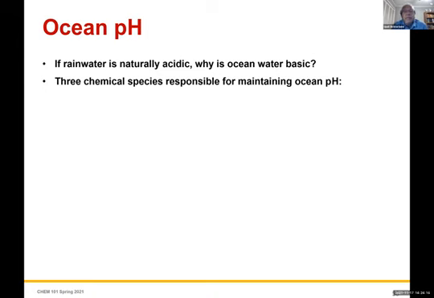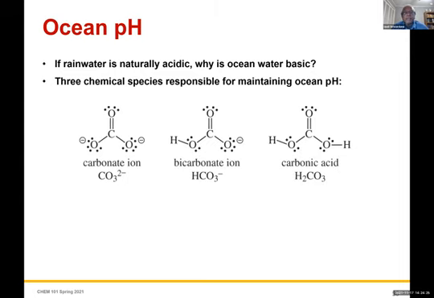There are 3 chemical reactions responsible for maintaining the pH of oceans. First one is carbon dioxide, carbonate ion. The other one is bicarbonate ion and carbonic acid. These 3 compounds take part in equilibrium with each other and maintain a pH of 8.3.